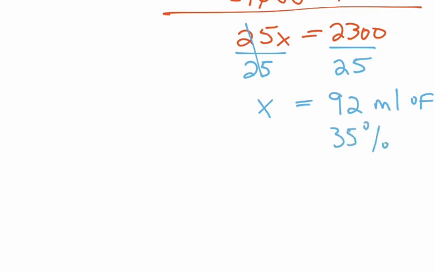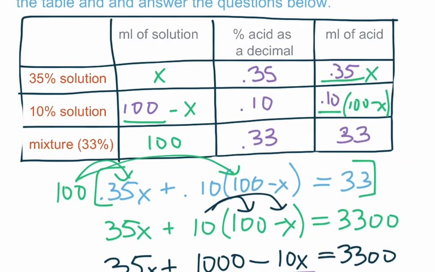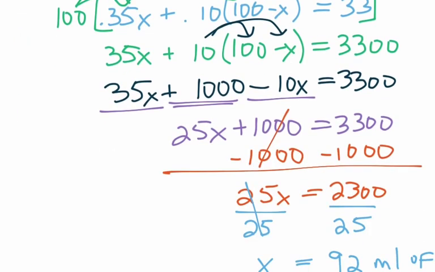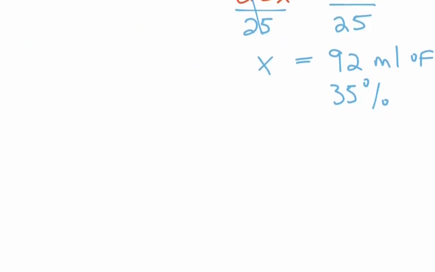And then in order to figure out the amount used of the 10% solution, we would take 100 minus our value for x. We see that here. 100 minus x is going to give us 8. So we have 8 milliliters of 10% solution.